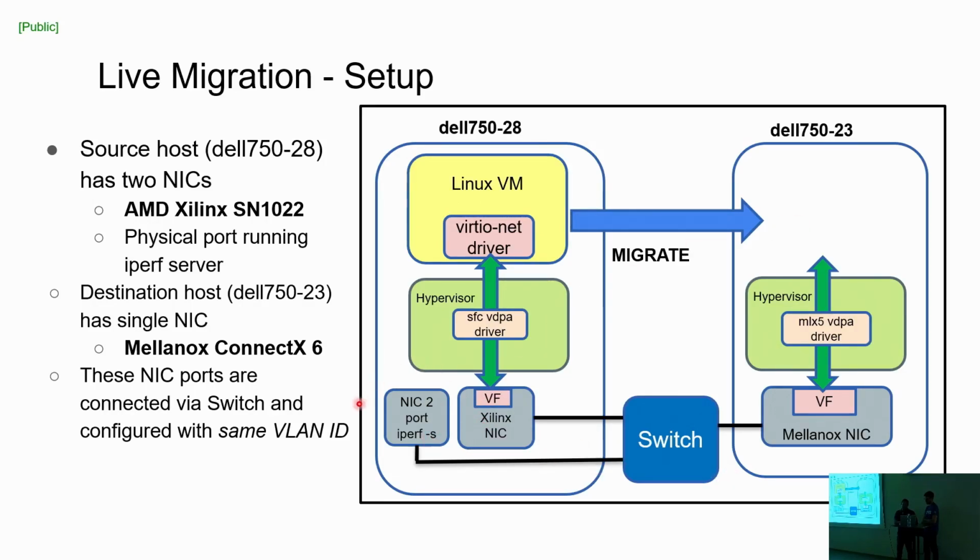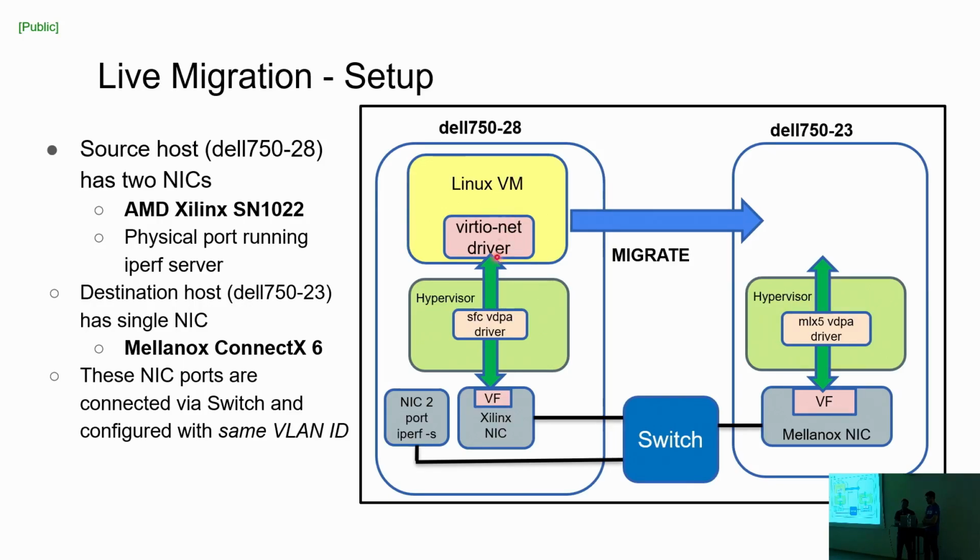The other NIC on the source host is a secondary NIC just to establish the data path. This could be any NIC. What we are trying to do is run iperf from the virtual machine, and it goes via the Xilinx NIC to the switch, and the data enters this secondary NIC. When the VM migrates to the destination, the data path remains the same.